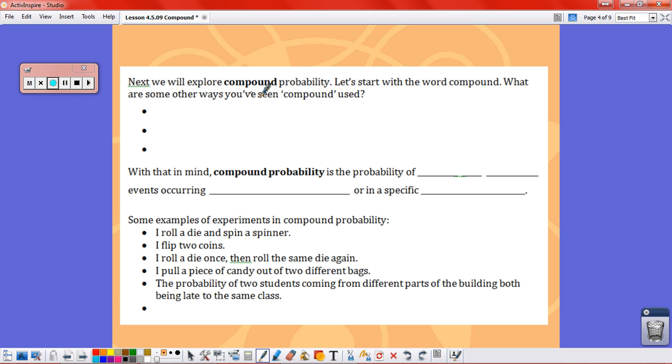Alright, so now we're going to explore compound probability. In class I will ask students for what are some ways they've seen compound used, because they will have probably plenty of examples. For example, there are compound words, like doghouse.